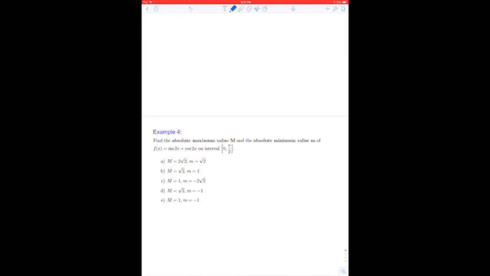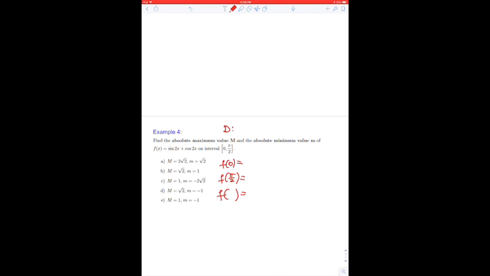Okay, let's see. The same thing, absolute maximum and absolute minimum of the trigonometric function. That means we have to find critical points and then the values of the function at 0, that's one endpoint, and the value of the function at pi/2, and critical points.